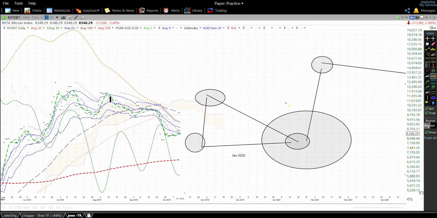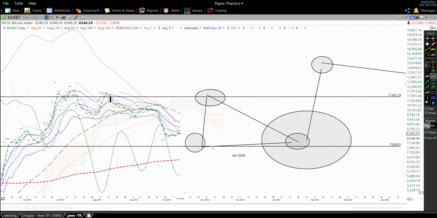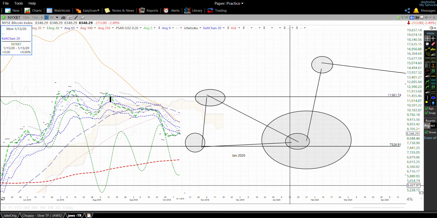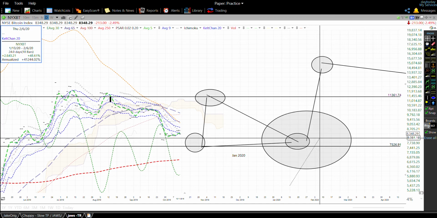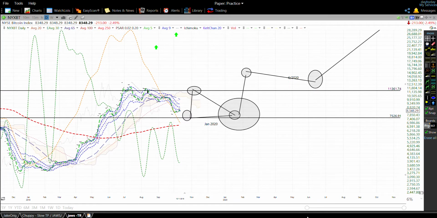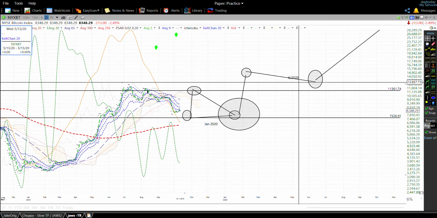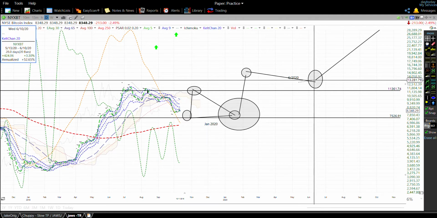So let me go ahead and label these. And then this is that elongated move which brings us to this much bigger cycle time ellipse, all meeting, creating this big up move in January of 2020, but then just doing nothing but sort of wedging down with time and staying flat until the big move that I would see in June of 2020.